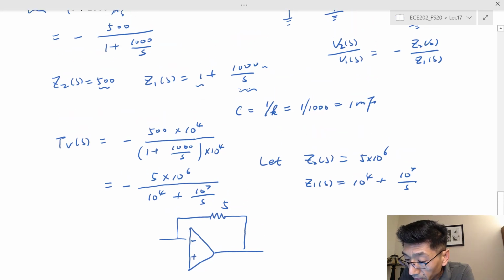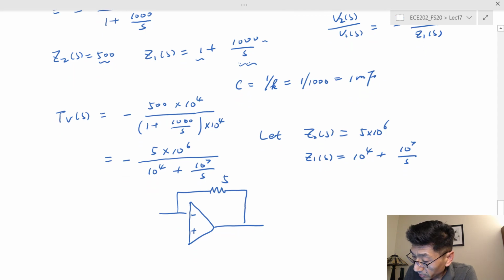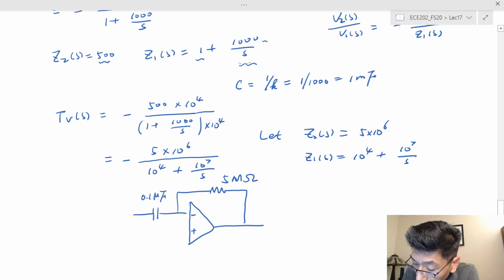Did I make any mistake? So that's the 5 mega ohm, and on the input side I have the capacitance 0.1 microfarad, and the resistance is just 10k. Right.